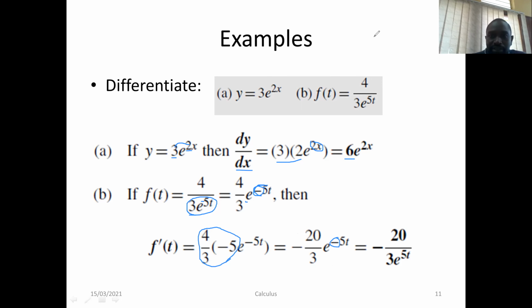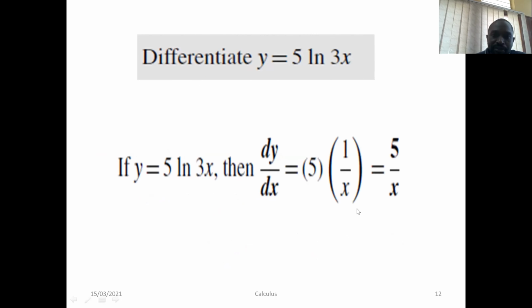So let's move on to look at another example involving the natural logarithm functions. Given a natural logarithm function y equals 5 ln 3x, this can be written as y equals 5 ln x, which is what we have here.